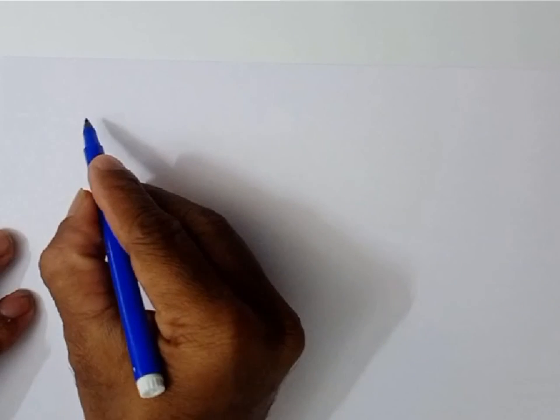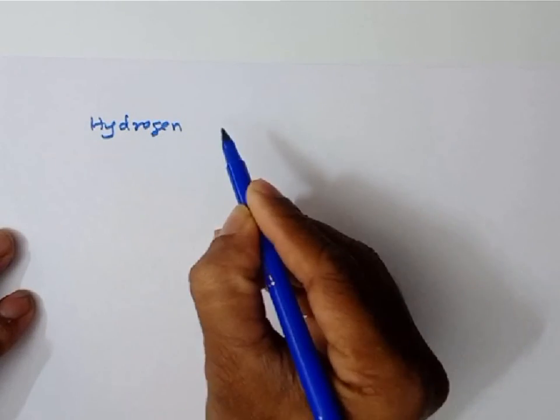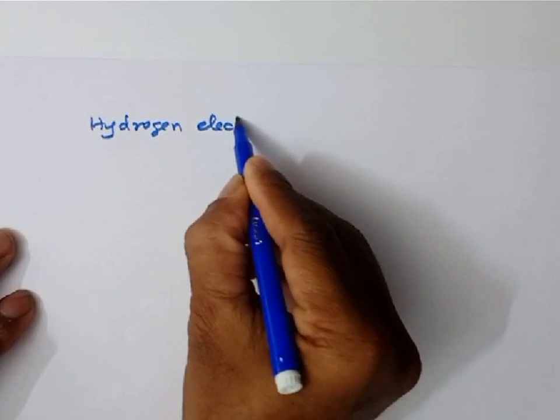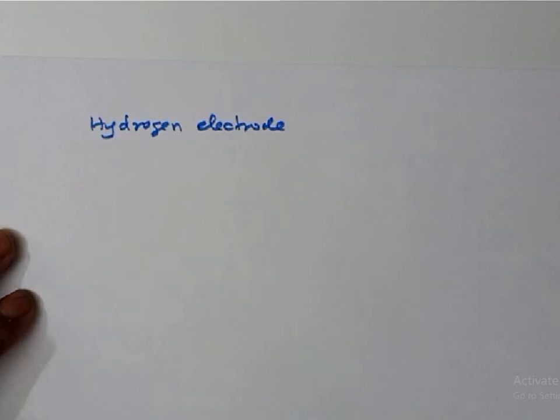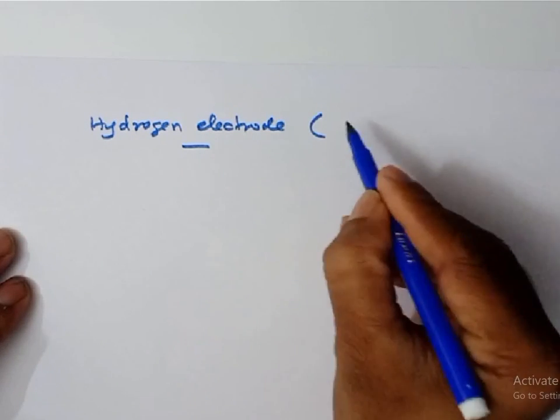This is very, very important, student. Keep this in mind. I'll take a hydrogen electrode. It is not SHE, SHE means standard hydrogen electrode. I'm not taking the standard hydrogen electrode. I'm going to take some hydrogen electrode, and I'm going to use this as an anode.